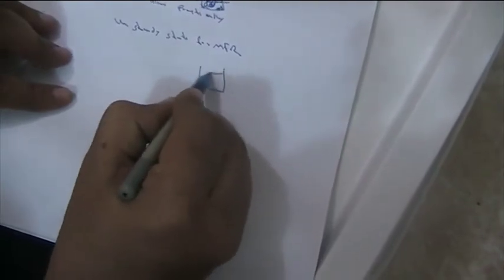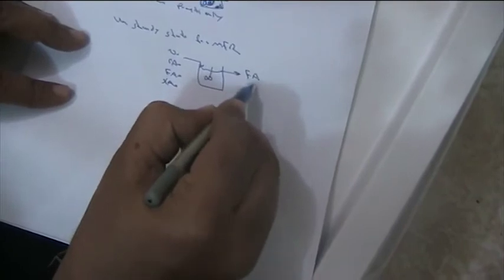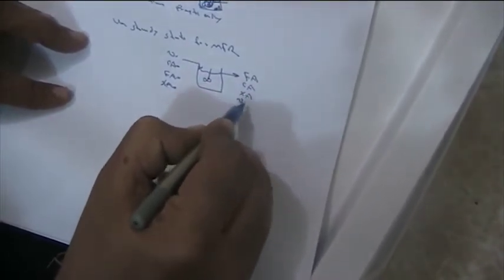So to compute unsteady state for an MFR, we will have a CSTR like this. Here will be V naught, CA naught, FA naught, and XA naught, and at the outlet we will have FA, CA, XA, V. XA naught is always 0 unless they tell us that we have some product in the reactor.